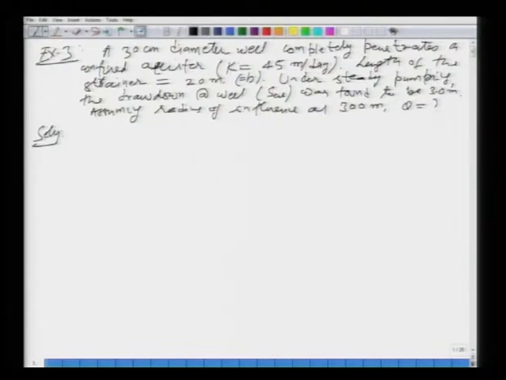It is a good healthy practice to write down all the data first. The diameter of the well is given. So, the radius at the well will be half of that, which is 0.15 meters. The radius of influence capital R is given to you as 300 meters. So, now you know which data you are going to use. Your first cross section will be at the radius of influence and the other one will be at the well itself.